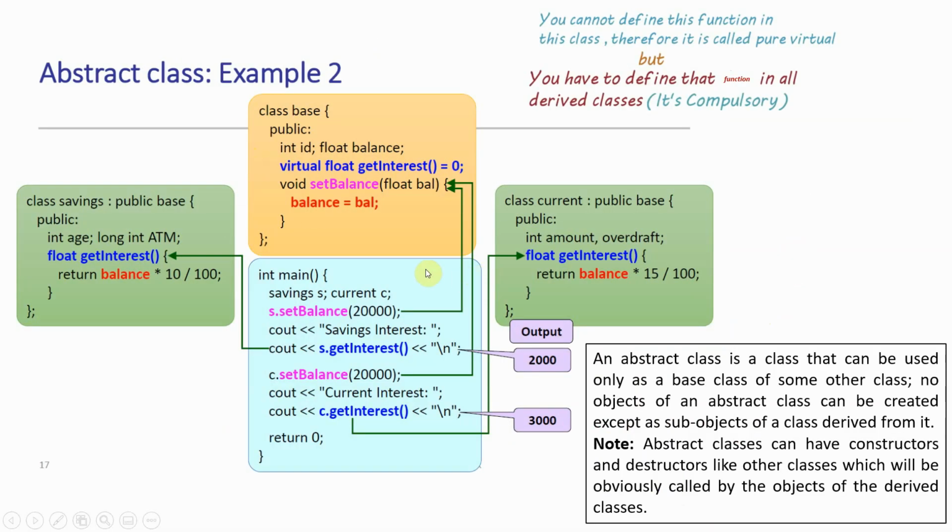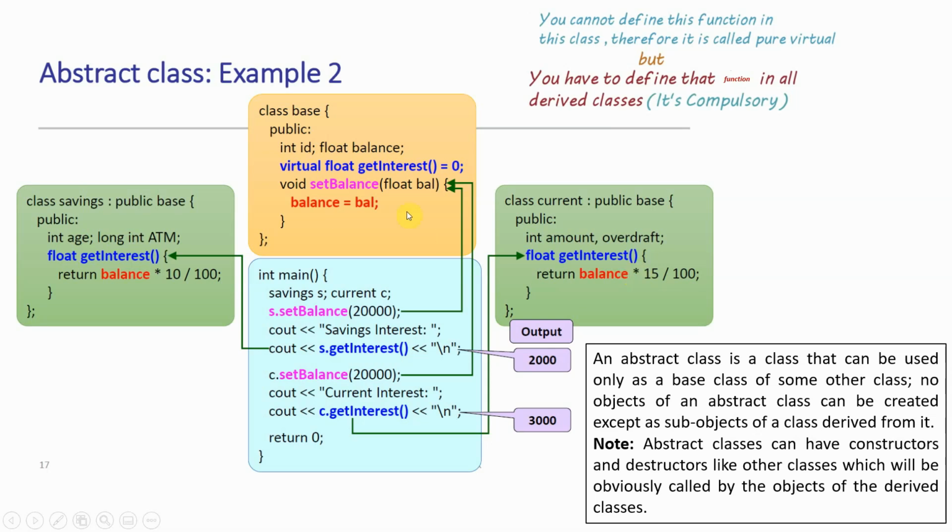You can see another example here, the class Base. It has one pure virtual function and it has one regular function called set balance, right? So both of these subclasses inherit ID and balance. Also, they inherit set balance. You see, set balance has not been redefined here.